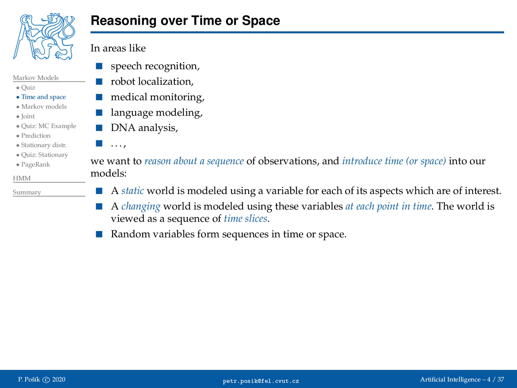What I have just drawn was a particular structure of a Bayesian network. And last week we talked about Bayesian networks, mostly in the context where each variable in the model describes a different feature of the real world, right?